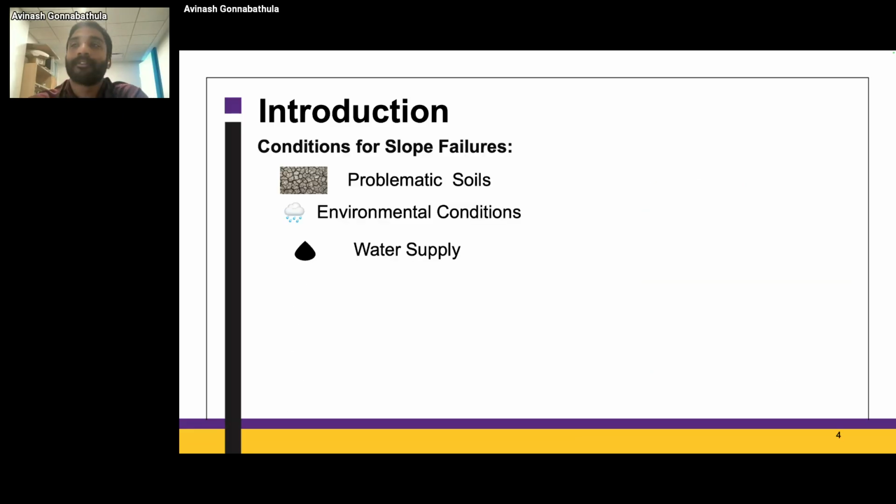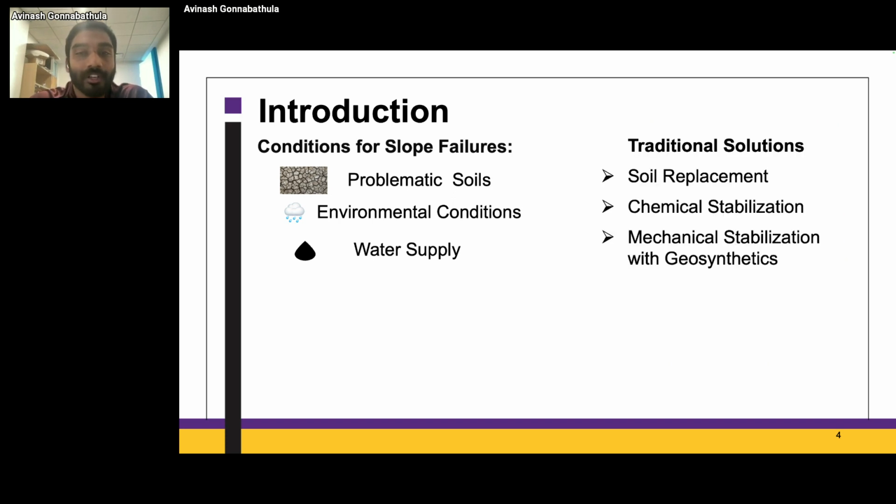To provide a brief background, slope failures need 3 conditions. One is problematic soils, which is expansive soils in this case; environmental conditions, which is rain and the dry seasons; and finally the water supply, which increases the pore water pressure and causes the slopes to fail.